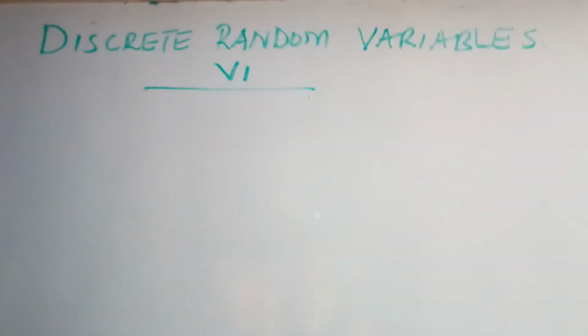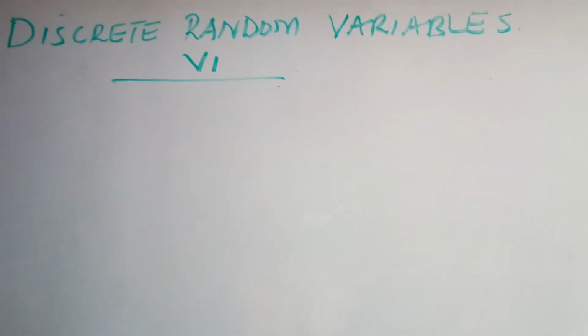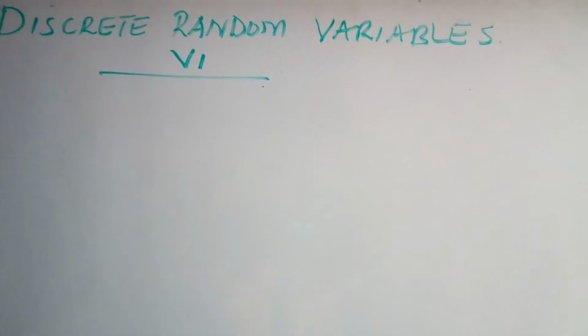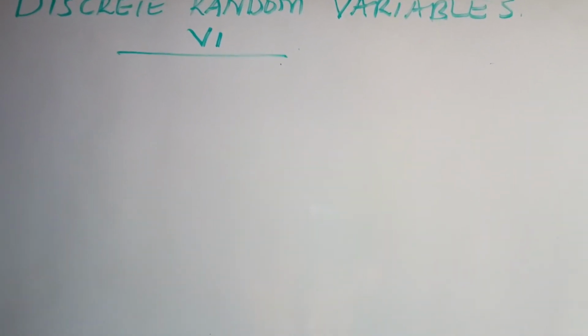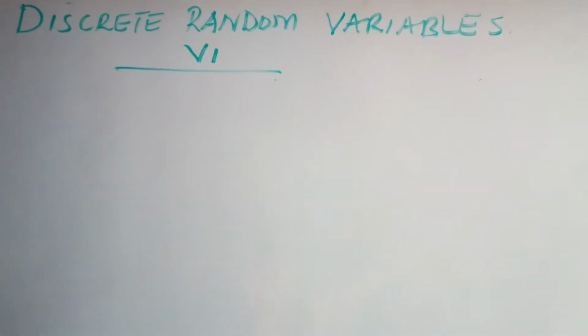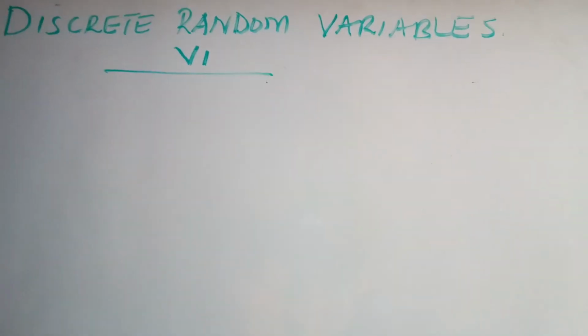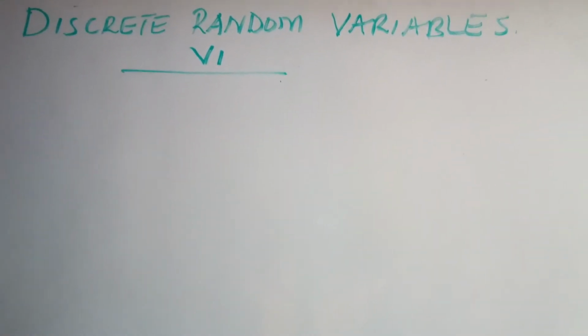You should be able to find the cumulative distribution function of a discrete random variable, find the mean and variance of a discrete random variable, and use the discrete uniform distribution.